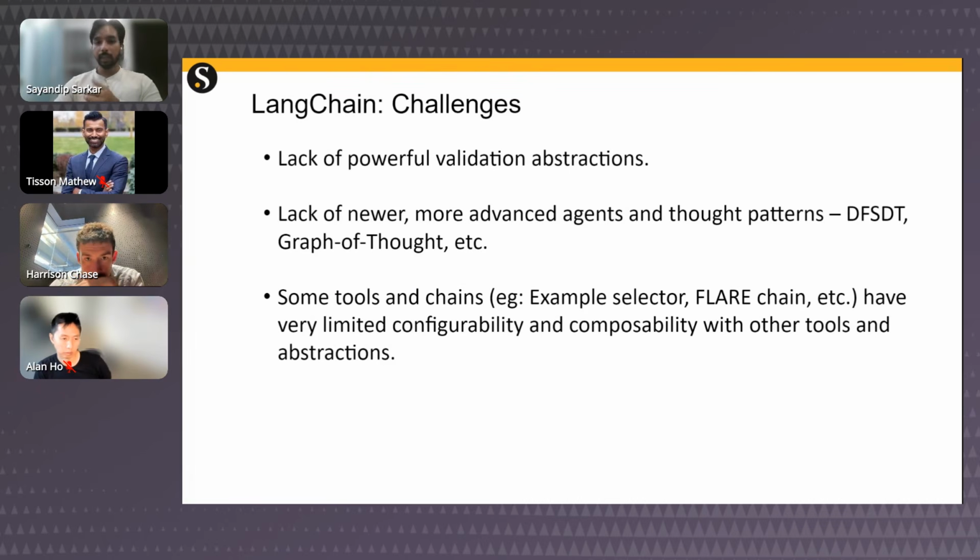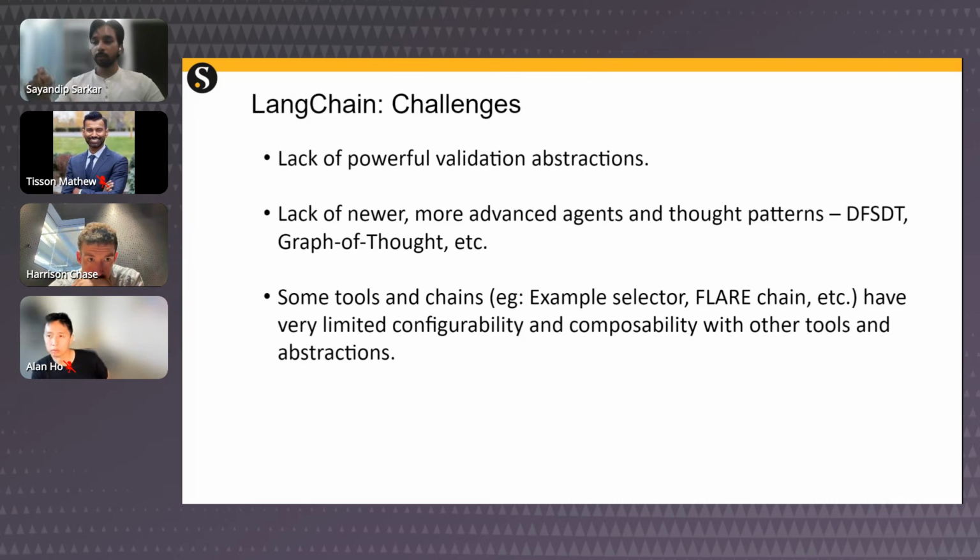The other point is the lack of a powerful validation abstraction. We have this trajectory evaluation, where once the agent has run through the entire question, you feed that to the trajectory evaluator, and it gives you a score of whether it did the right thing or not. That is present in LangChain already.